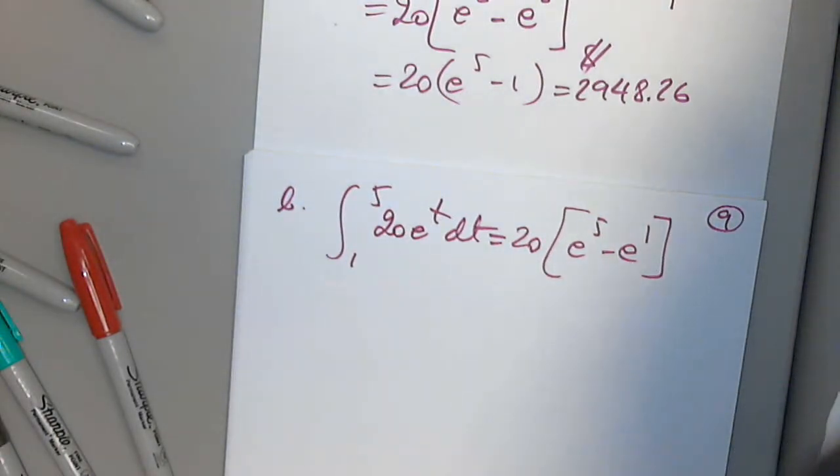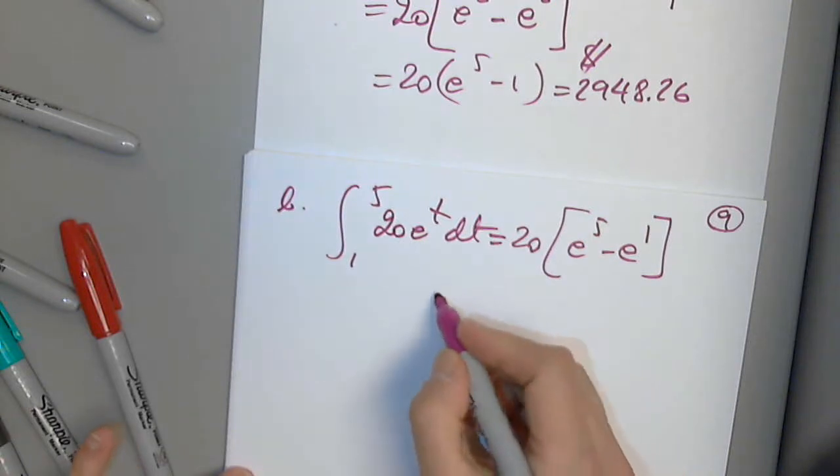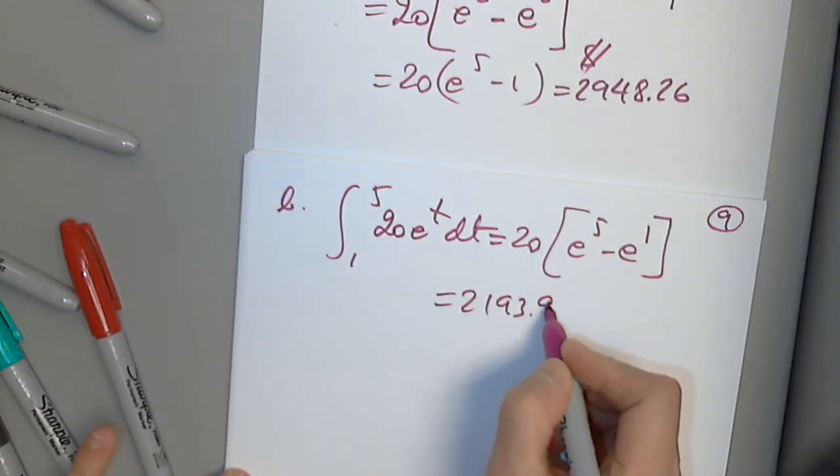So I go back to my calculation, and I'm going to change the 1 into e. That gives 2193.90.